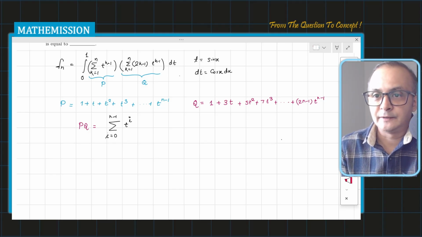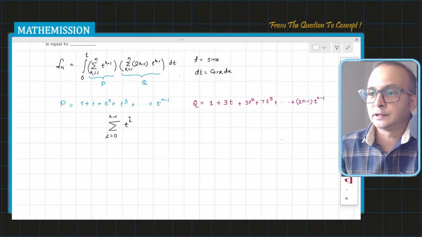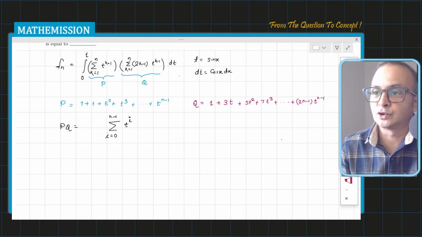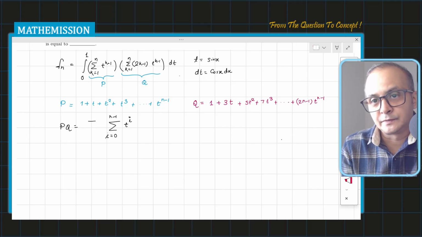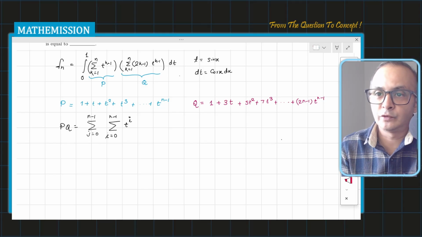Similarly, I'm going to give another index to Q. For Q, I'm going to give the summation again, and that is for j. So j starts again from 0 and goes up to n minus 1. Now how do we write this j for the t?